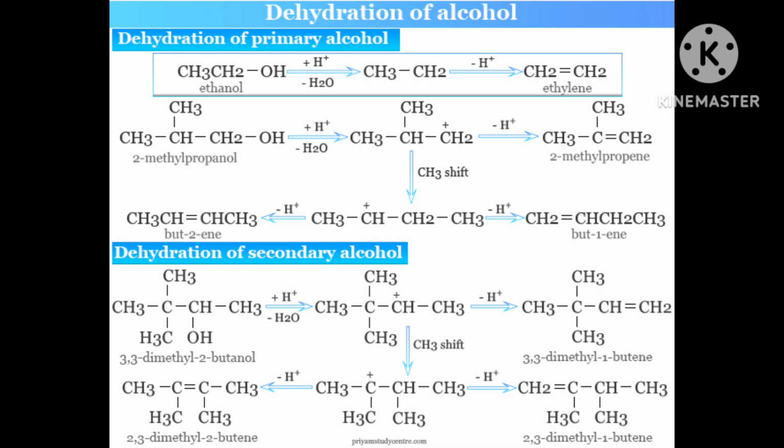And what about the first and second? In the structures first and second, two identical groups are attached to one of the doubly bonded carbon atoms. Identical groups should not be there on either carbon number 1 or carbon number 2.